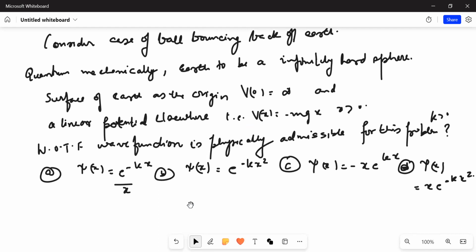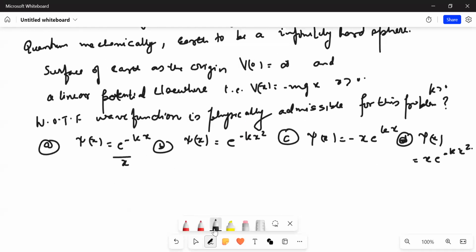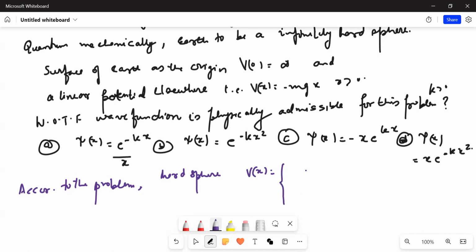So according to the statement, we understand that Earth has been taken to be a hard sphere, and in fact, it is taken to be the origin. So I'll write that Vx is such that it is given to be infinite at x equal to 0, and for all x greater than 0, it is minus mgx.